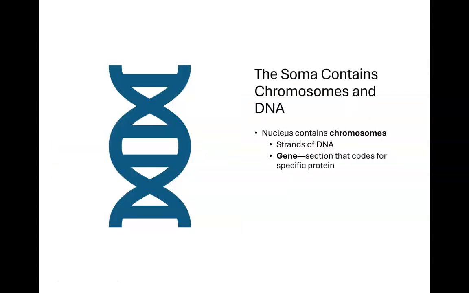Now, the soma, as I mentioned, contains chromosomes and it contains DNA. The nucleus ultimately contains chromosomes, which are strands of DNA, and they also contain genes. So genes are sections of chromosomes that code for very specific proteins. Your cell nucleus contains about 46 different chromosomes.